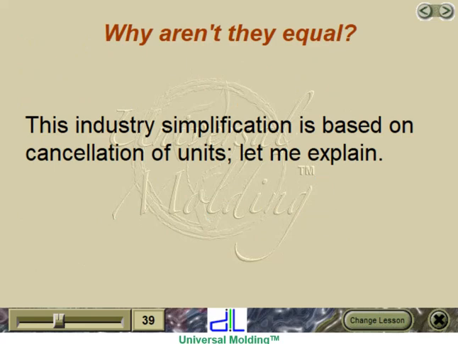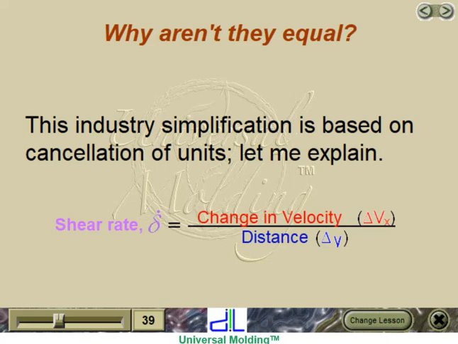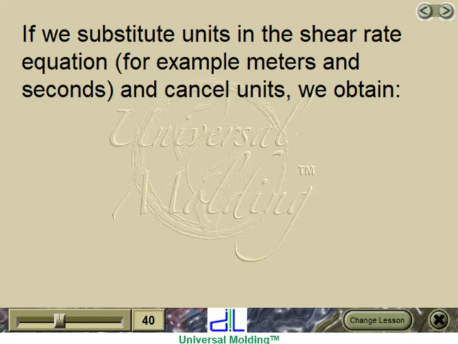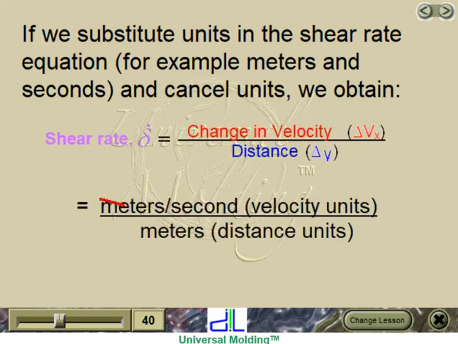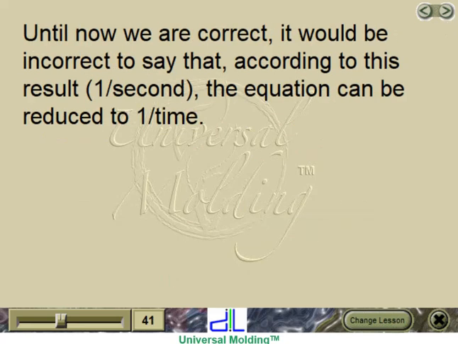Let me explain. Remember, shear rate is equal to change in velocity divided by distance. If we substitute units in the shear rate equation, for example meters and seconds, and cancel units, we obtain shear rate equals 1 divided by second. Until now we are correct.